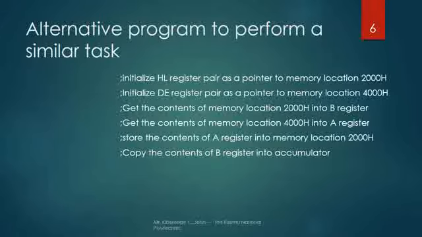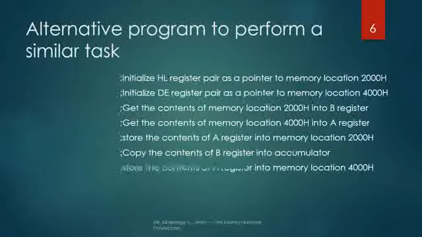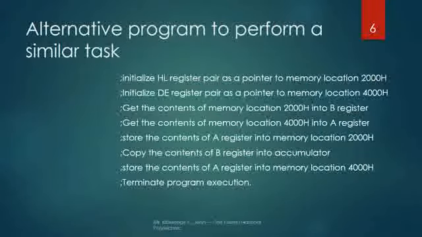So we have to bring what is in register B into the accumulator and then store it into memory location 4000. After doing that, we end our program execution. So for each of these algorithm steps, we have to match it with its mnemonic.